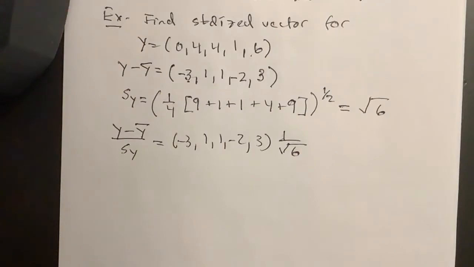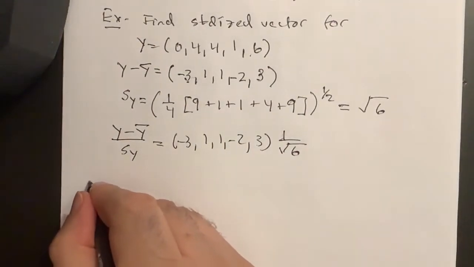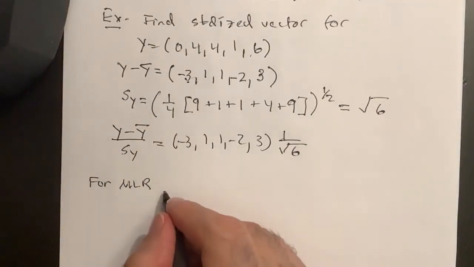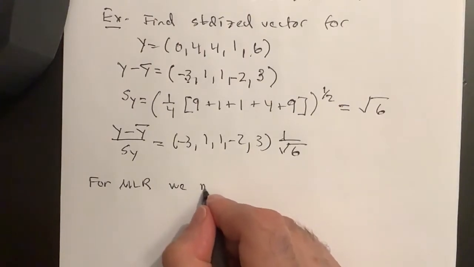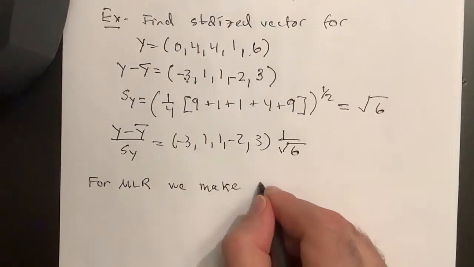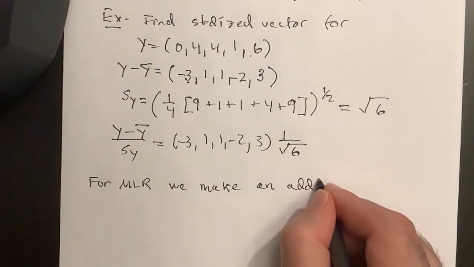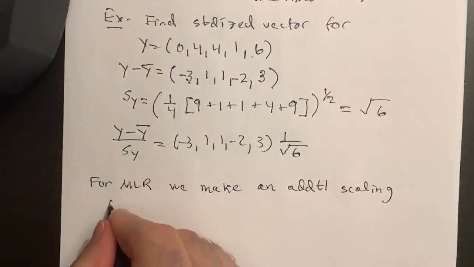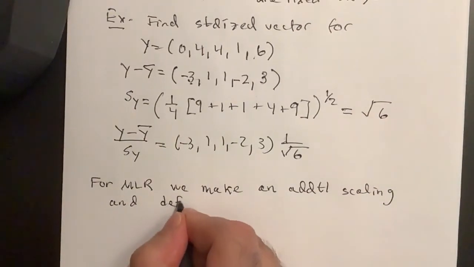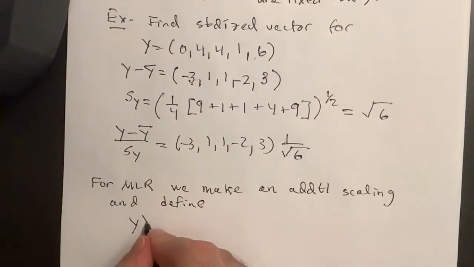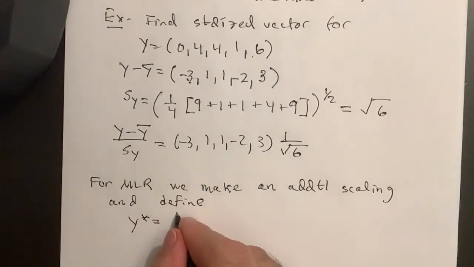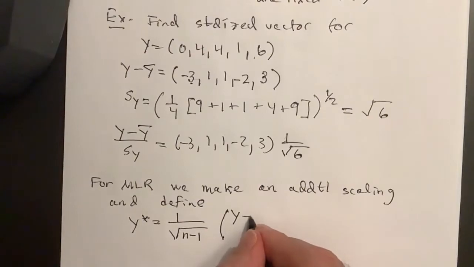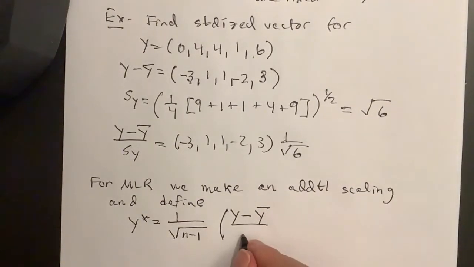Okay. So let's write it down. So for linear regression, for MLR or SLR, we make an additional scaling and define y star equal to the vector the same as before, y minus y bar over sy.